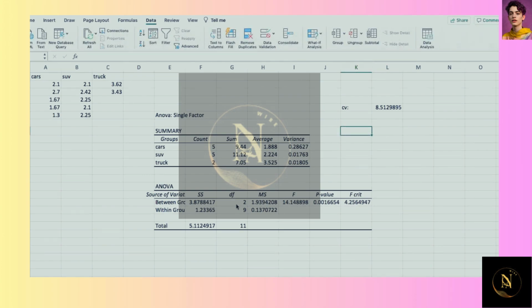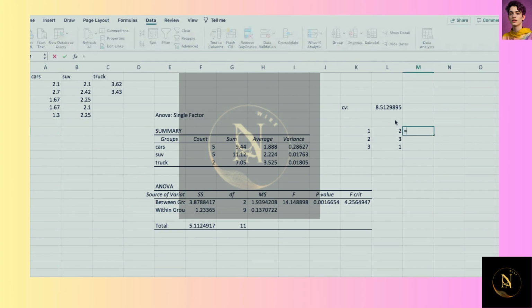And now we are going to calculate the test statistic. I'm going to pair these categories up. Cars, I'm just going to use 1, SUV will be 2, and trucks will be 3. So I'm going to pair cars and SUVs, SUVs and trucks, and then trucks and cars. The first thing I'm going to do to calculate the test statistic is the differences in means squared.